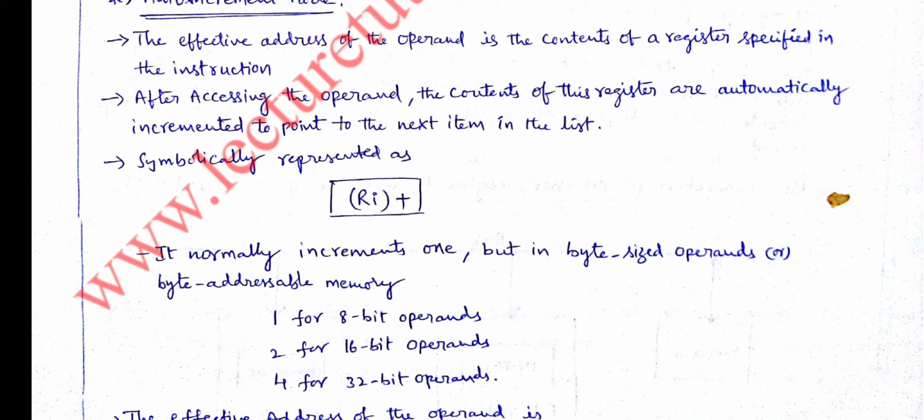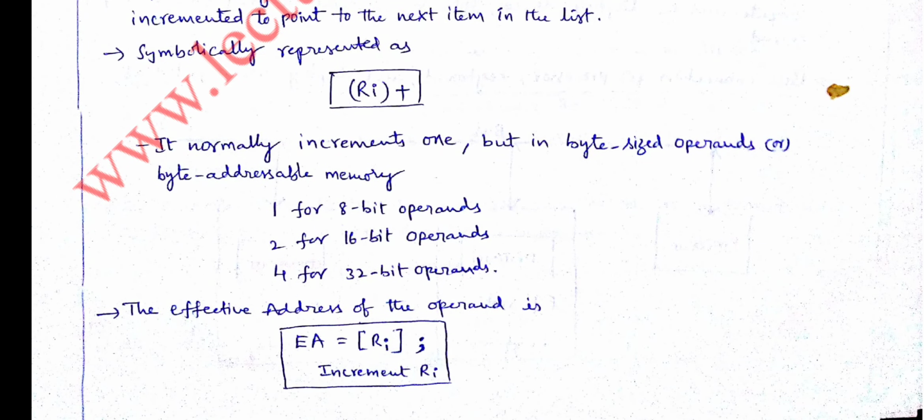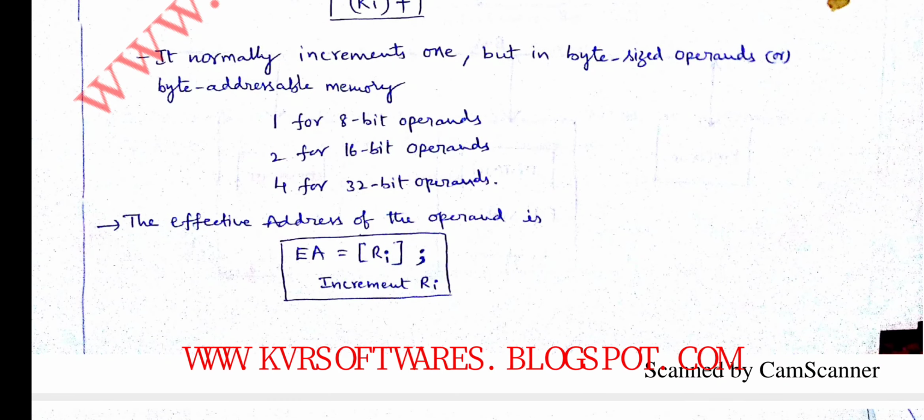It normally increments by 1, but for byte-sized operands or byte addressed memory: 1 for 8-bit, 2 for 16-bit, and 4 for 32-bit operands. The effective address of the operand is EA equals Ri, then increment Ri, which means we have to increment the register Ri by 1.